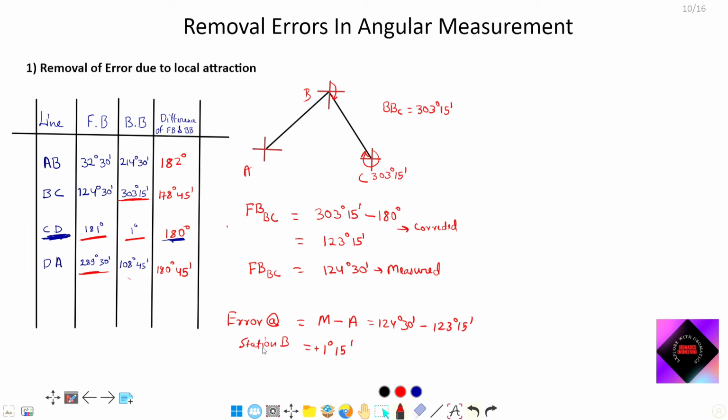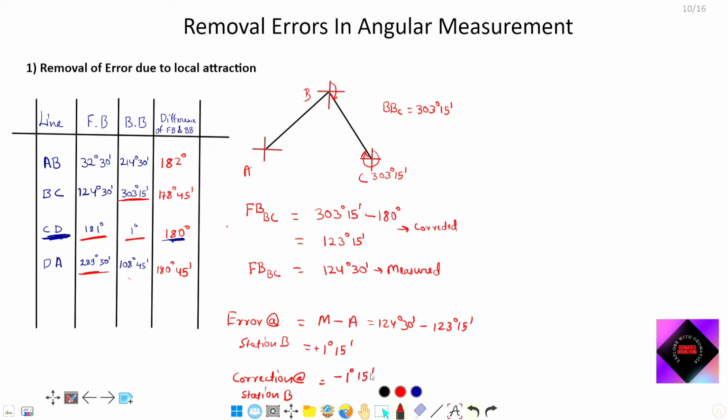If at station B error is 1 degree 15 minutes, it represents that if we measure any angle with the help of this station, we will get this amount of error. So how much correction do we need to provide at station B readings? It will be minus 1 degree 15 minutes.